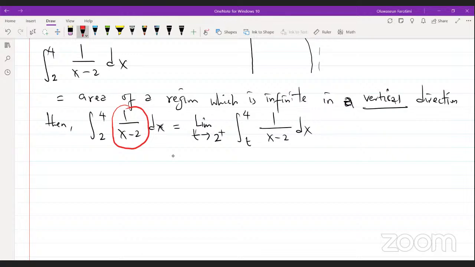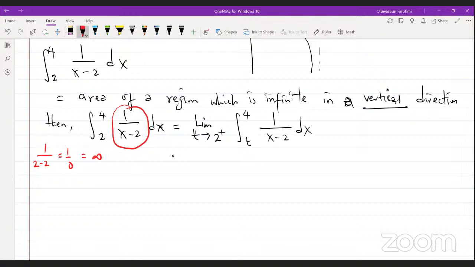What happens when x is 2, guys? When x is 2, you have 1 divided by 2 minus 2, which is 1 over 0, which is infinity. Then there's a problem. So that means in the interval you picked, there is a point you need to avoid. And to avoid such points, you have to introduce the limit notion.